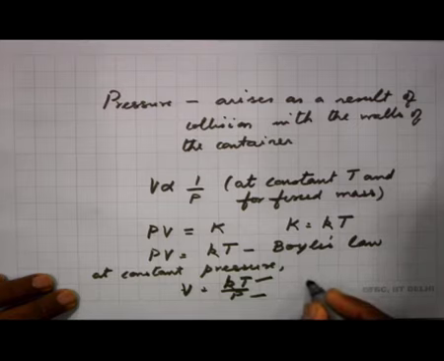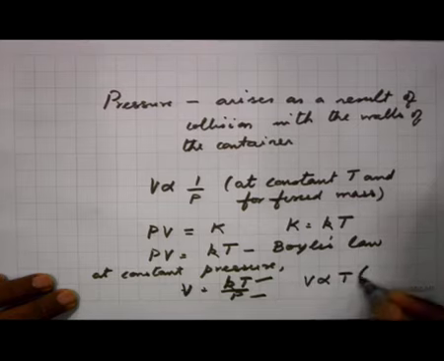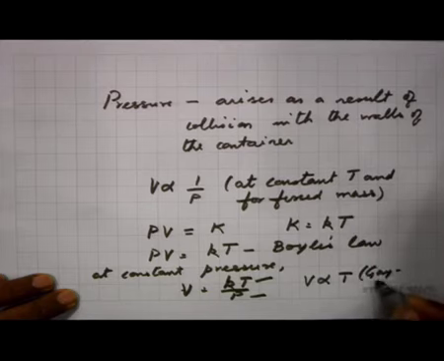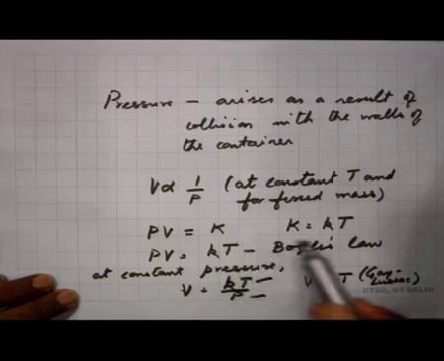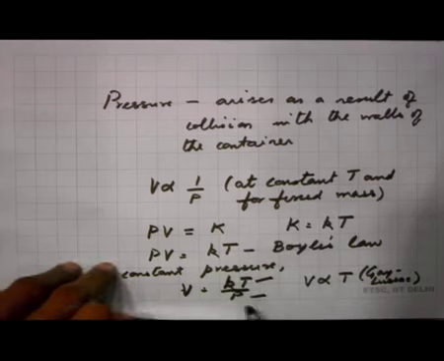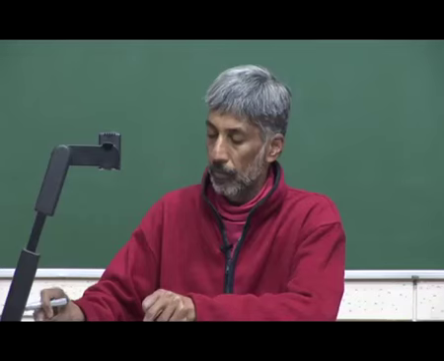So, what this tells you is that V is proportional to T, which is exactly Gay-Lussac's law. So, from Boyle's law, that PV equals kT for a fixed mass of gas, we are able to get back Gay-Lussac's or Charles' law.